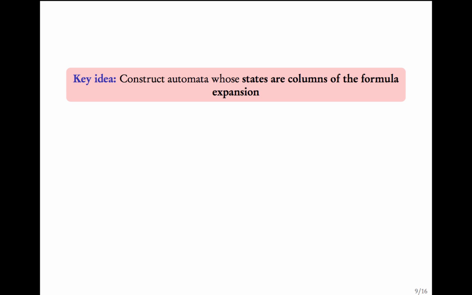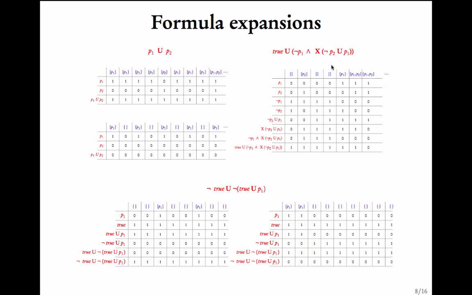The key idea for converting an LTL formula to an automaton would be to look at these columns as states. You see that the number of columns is finite and each column can take either 0 or 1.